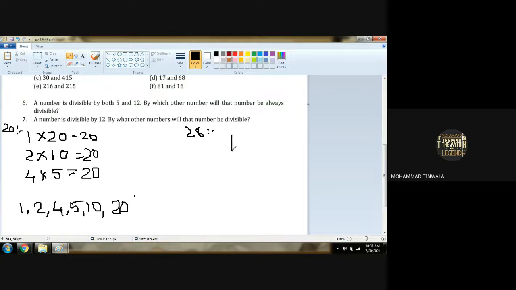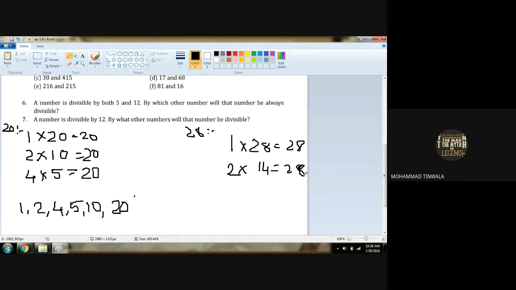Now 28: 1 twenty-eights are 28. Sorry, 1 twenty-eight is 28. Then 2 fourteens are 28. Then what will be the next number? First check the table of 4. 7 fours are 28.